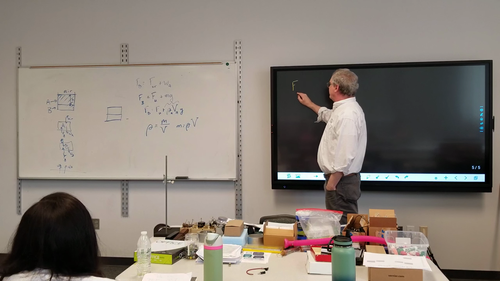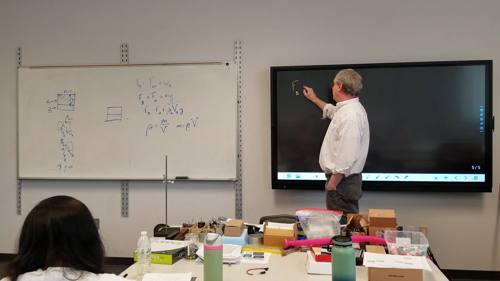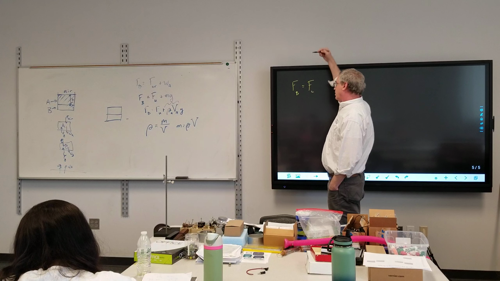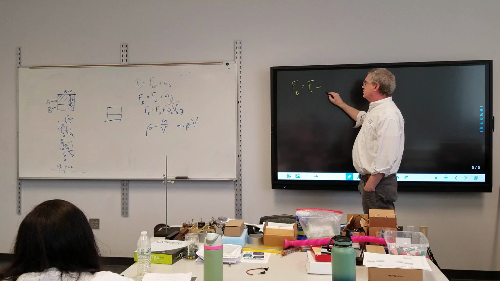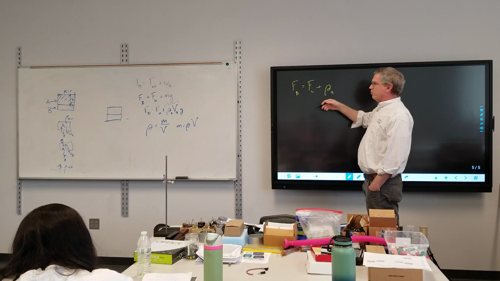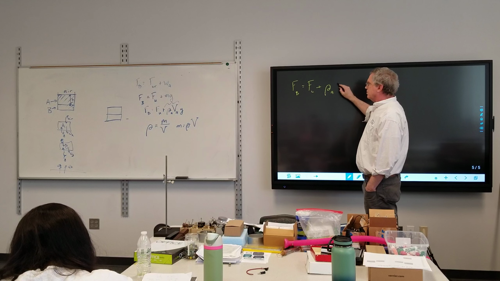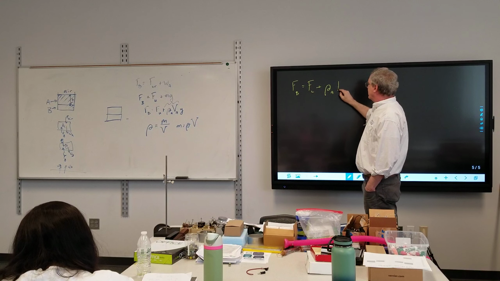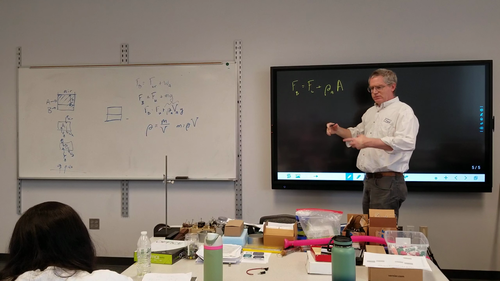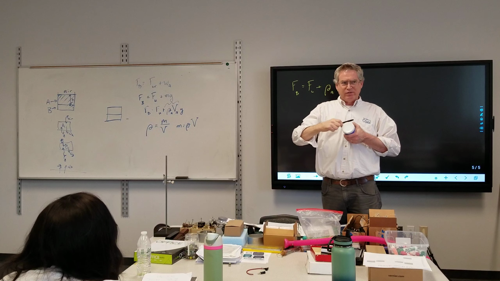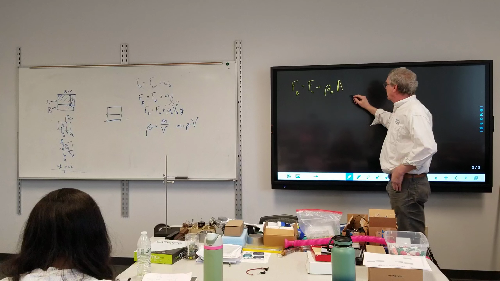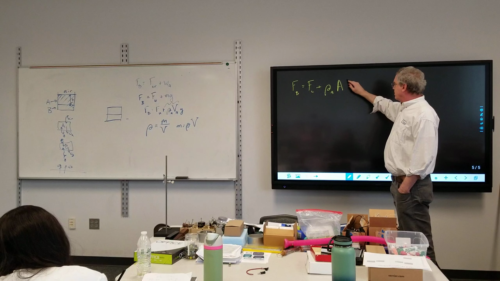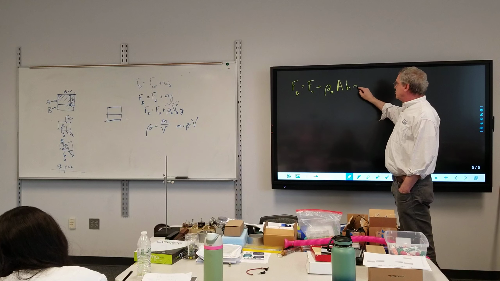So the force coming from below is equal to the force coming from above plus the density of A times the volume of A, which is the cross-sectional area, the area of the flat surface, times that depth, which I labeled as H, times g.